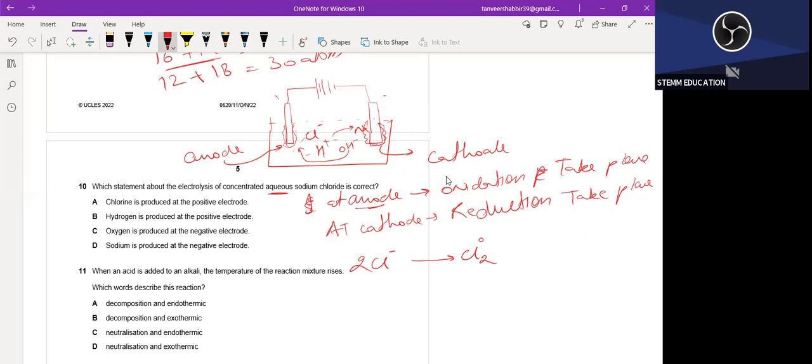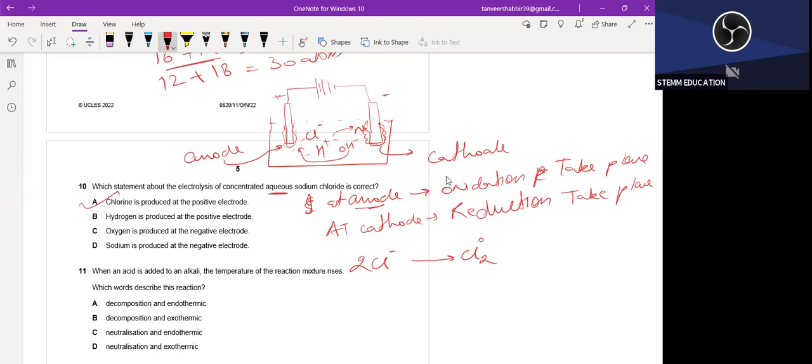So overall the oxidation number increases. So what is happening here? Chlorine is produced at the positive electrode. So at this positive electrode, chlorine gas will be produced.